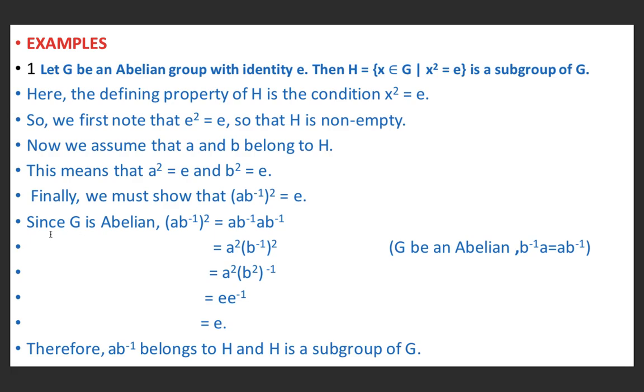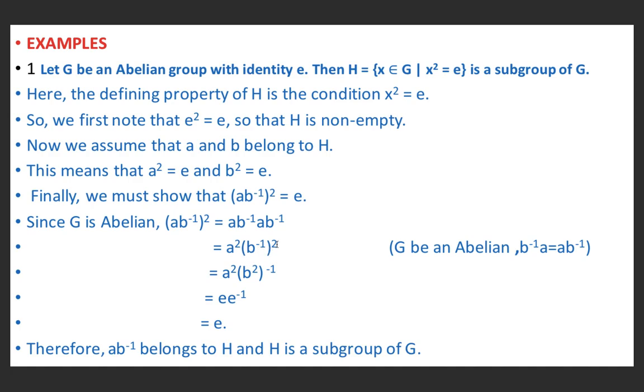Let's see. Since G is abelian, ab inverse whole square is equal to ab inverse into ab inverse. In case of abelian, b inverse a is always equal to ab inverse. So it means a into a, b inverse into b inverse, that is, a square into b inverse whole square.